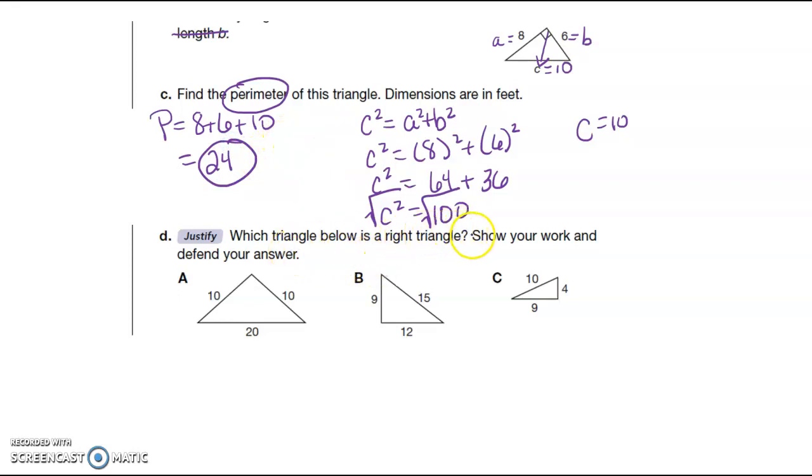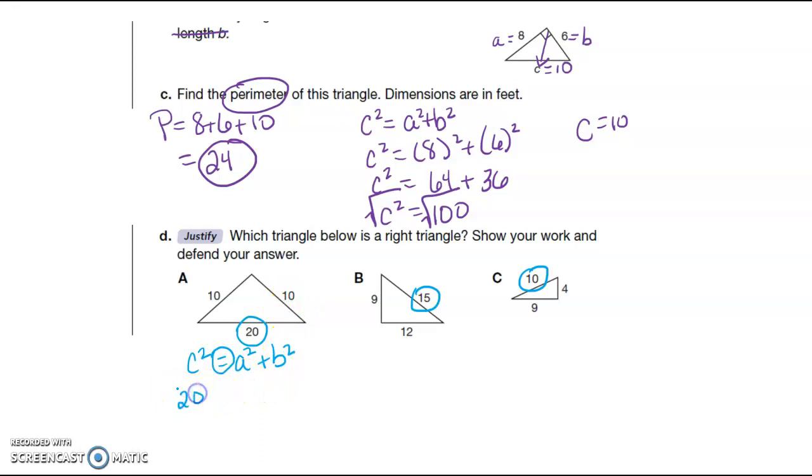Which triangle below is a right triangle? Show your work. And so what they want me to do is Pythagorean Theorem, to see which one of these has C squared equal to A squared plus B squared. So I know C squared is always going to be the largest side, okay? And we're going to see if this equation holds up. If it doesn't, then it's not a right triangle.